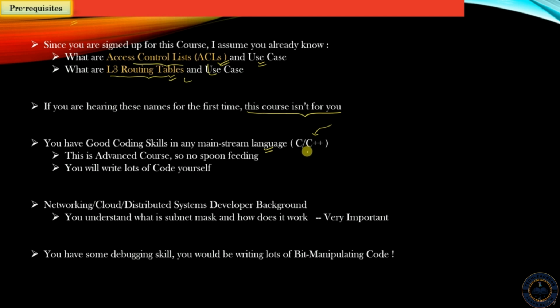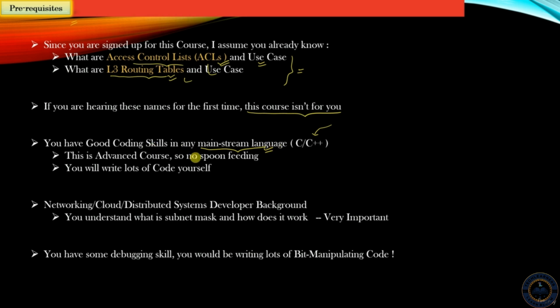But you can very much do this course provided that you know the prerequisites, that is the access control list and layer 3 routing tables, plus you are good in coding skills in any mainstream programming language such as Java, C#, Python, etc. It is up to you in which language you want to implement this course.